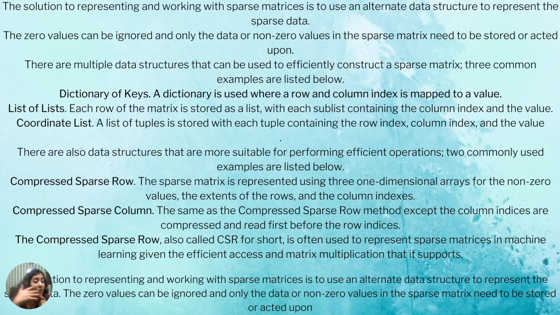Secondly, the compressed sparse column, the same as the compressed sparse row method, except the column indices are compressed and read first before the row indices. The compressed sparse row, also known as CSR for short, is often used to represent sparse data matrices in machine learning given the efficient access and matrix multiplication that it supports.